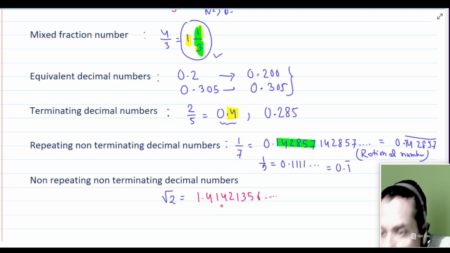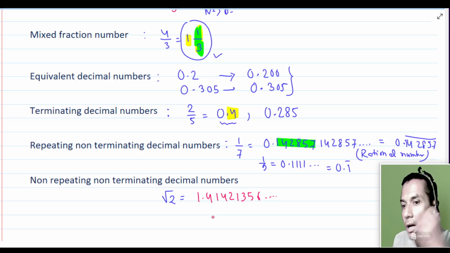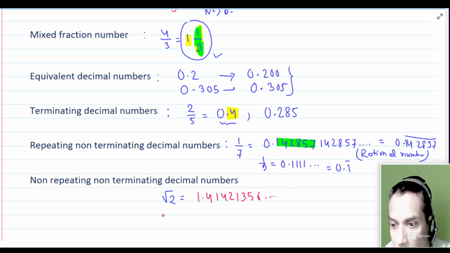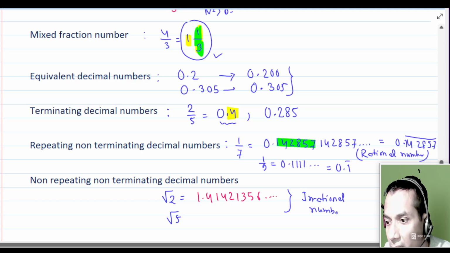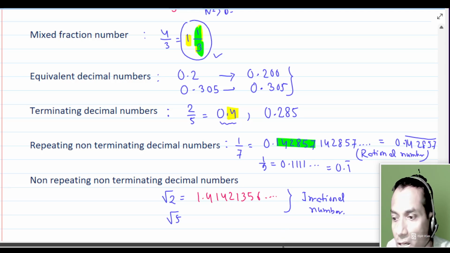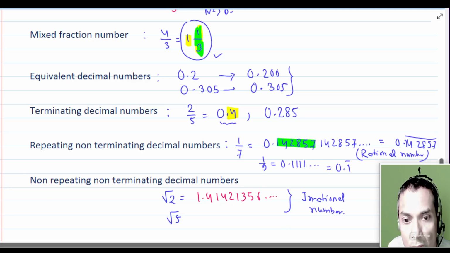Look at this decimal: there is no repetition, and also it is not terminating anywhere. The division will continue. That is the reason this kind of number, and also √5, are all irrational numbers, meaning this number cannot be converted into p by q form. Correct?